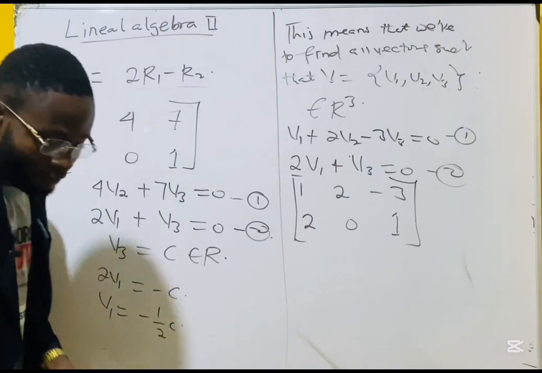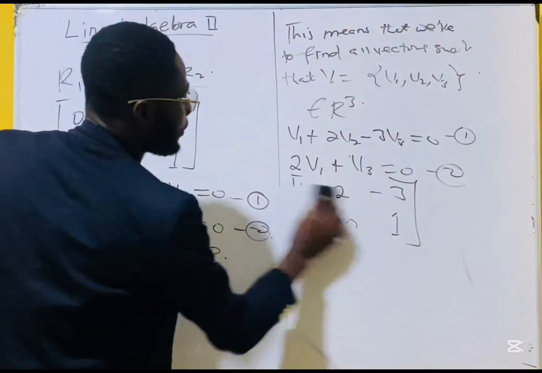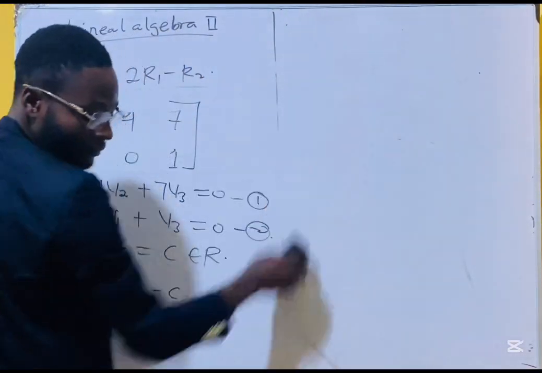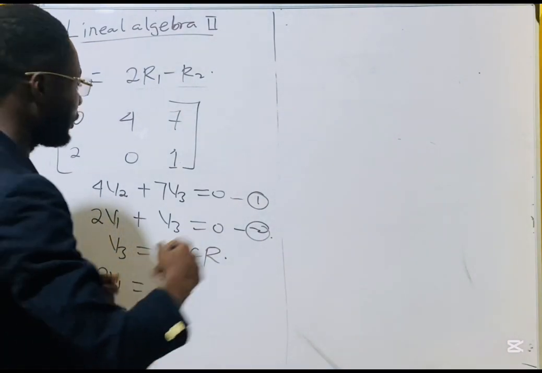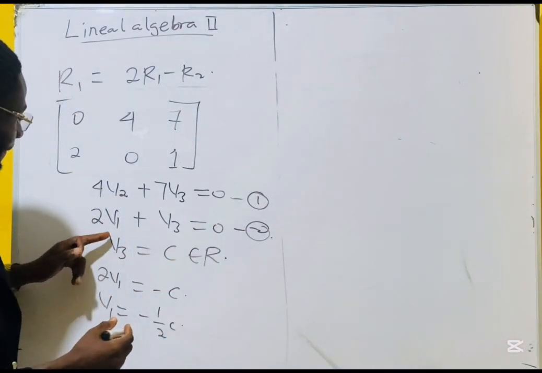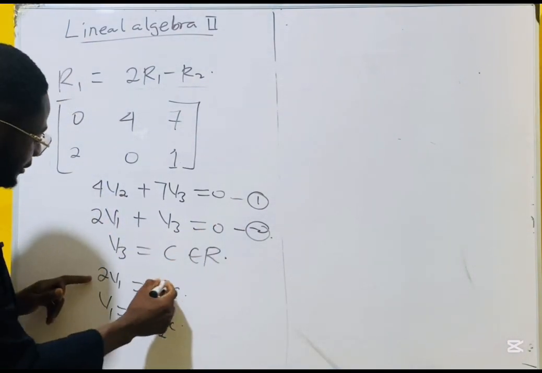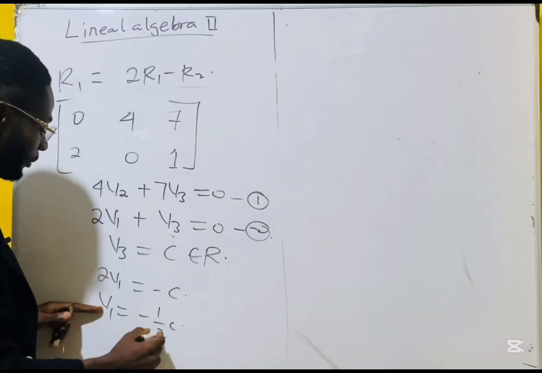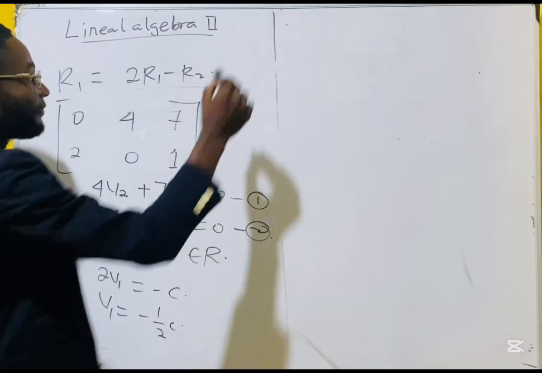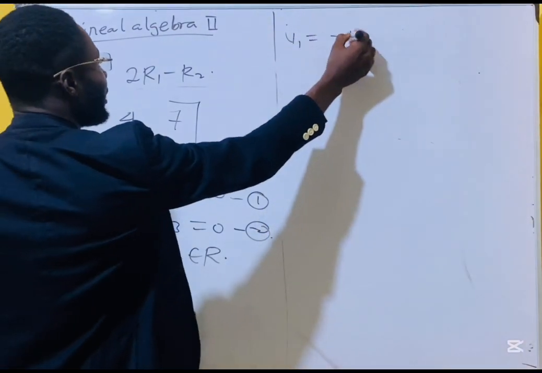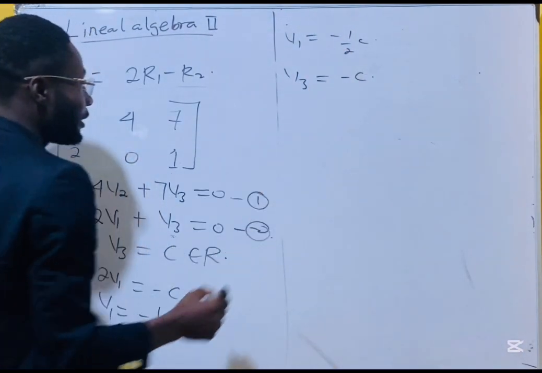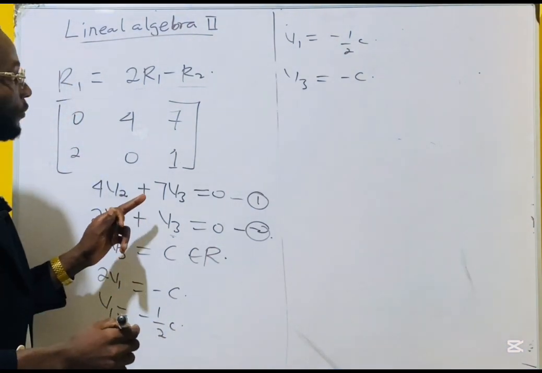So from here, since C represents the V3, we have V1 to be minus half C, and V3 is C.